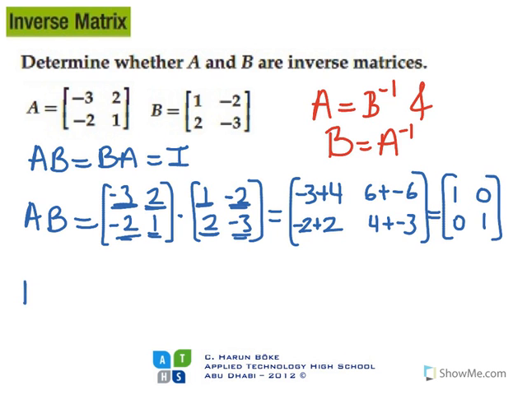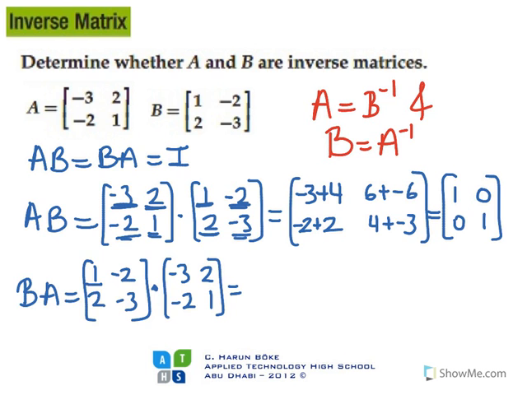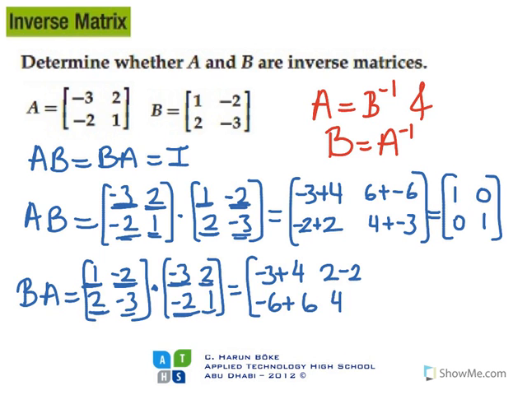Now let's check B times A. Now here 1 times minus 3 is minus 3, plus minus 2 times minus 2 gives us 4; 1 times 2 is 2, minus 2 times 1 is minus 2; 2 times minus 3 is minus 6, minus 3 times minus 2 is 6; and 2 times 2 is 4, minus 3 times 1 is minus 3.